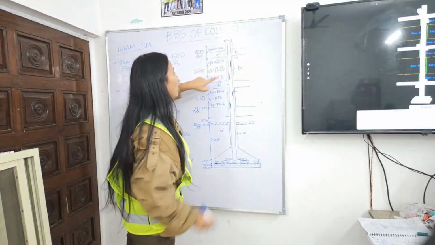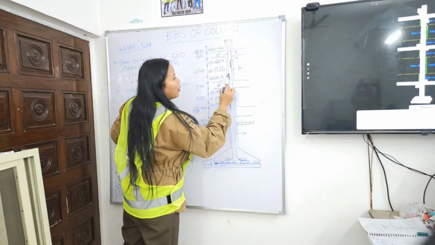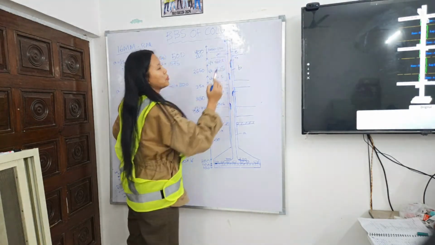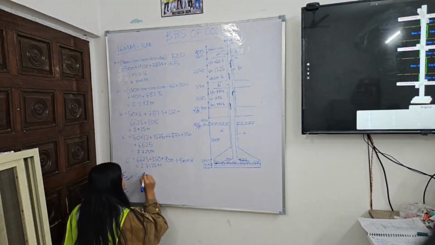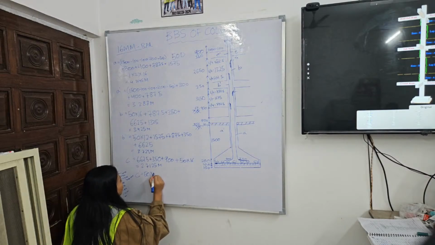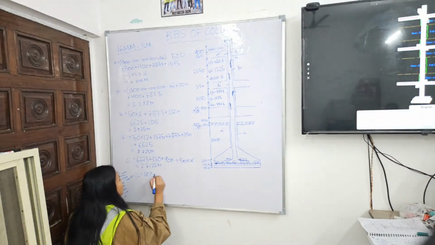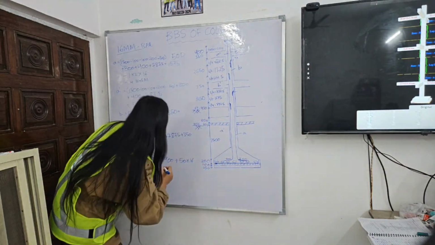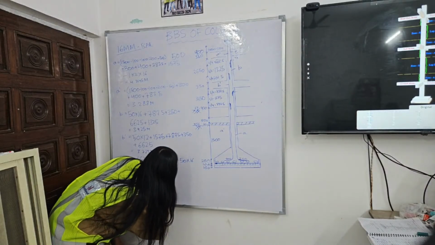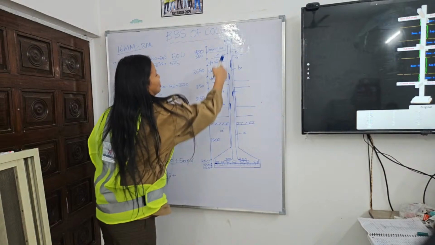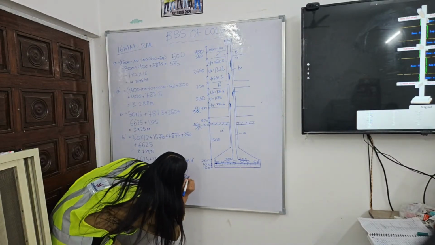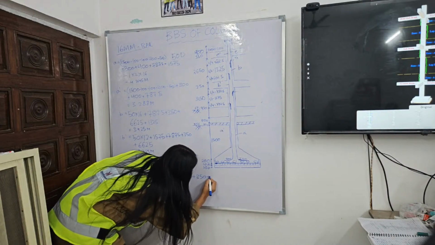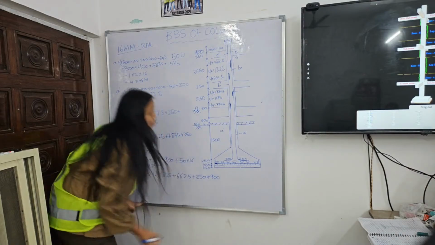So from here, what we have is lap length 50B plus L by 2 plus L by 4 plus the slab beam plus the parapet wall. 50B into, for C dash we are taking 12 mm bar, plus L by 2 is 1325 plus 662.5 plus the slab beam 350, plus the parapet wall 900, right?